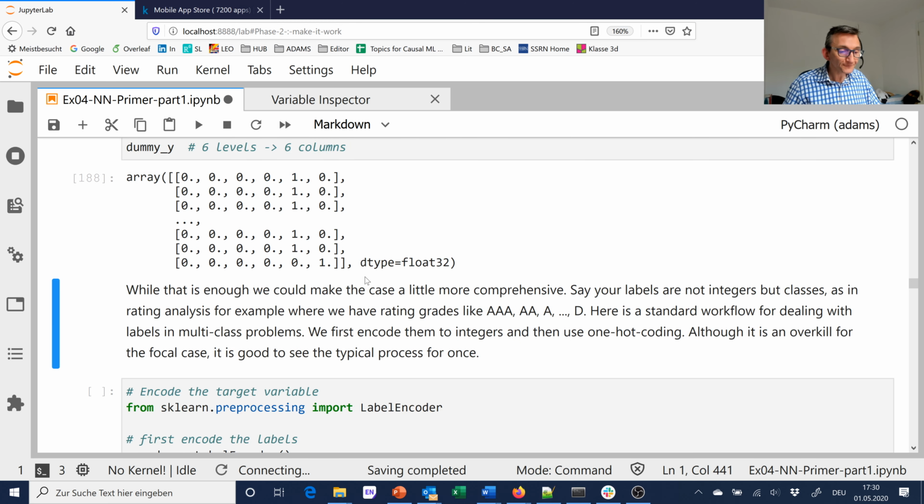And should we have such labels as our multiple classes, AAA, AA, B plus, B minus, these sort of text labels, then we couldn't really use this toCategorical function.